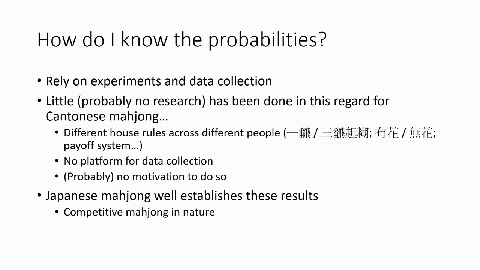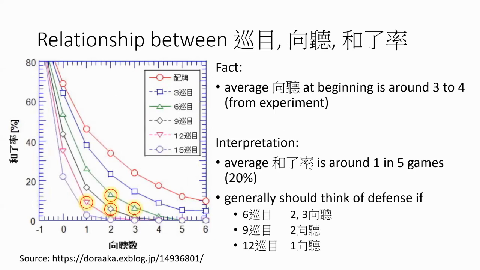bit difficult. However, for Japanese Mahjong, actually, all these probabilities are well established because of the competitive nature of Japanese Mahjong. So because time is actually running out, I won't be going into the details of the explanation of these graphs, but just to demonstrate, say for example, in this graph, we are trying to study the relationship between the 秦目, the 向聽, and also the 和了率.